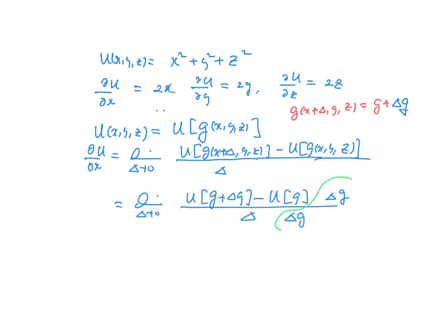You can do that, right? You can always do nothing: multiply by 1, or multiply by something and divide by the same thing. When delta goes to 0, delta g also goes to 0, right?